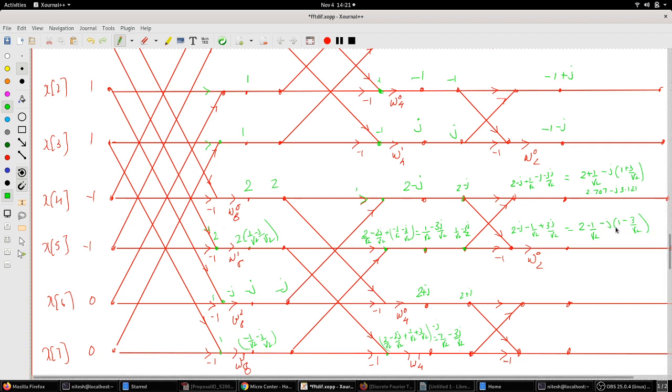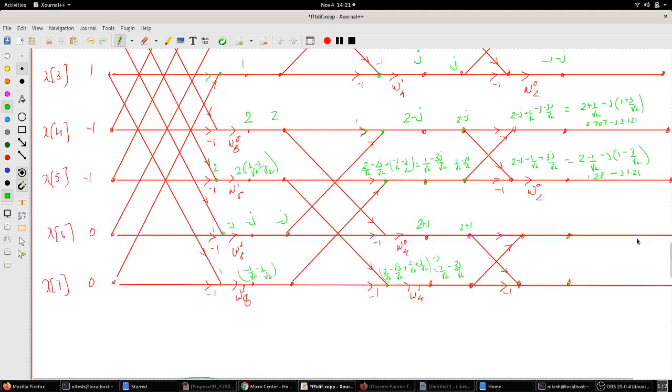This is what you will get. So eventually this turns out to be like 1.23, okay, something like that, minus j into 1 minus, so this is like 2.21, so this is 1.21, something like this you will get, okay.